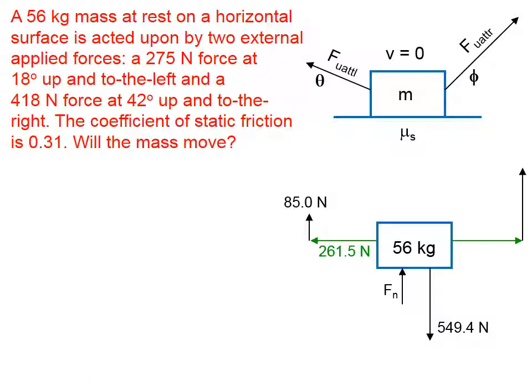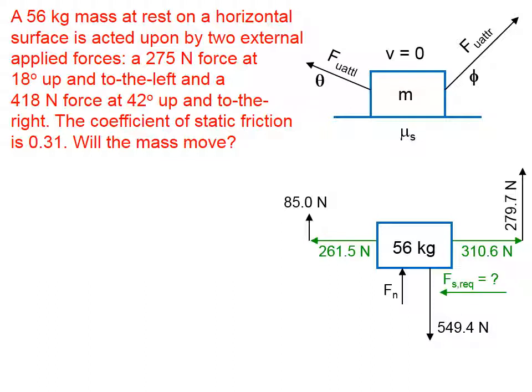We do the same thing on the other side, again using cosine for the parallel to the surface direction, namely 418 newtons times the cosine of 42 will be 310.6, and 418 times the sine of 42 is 279.7.